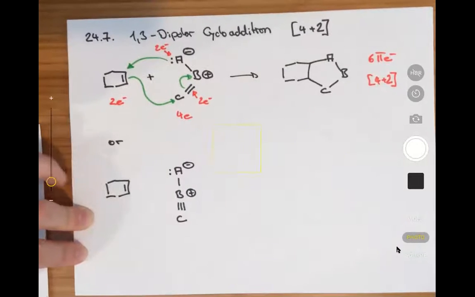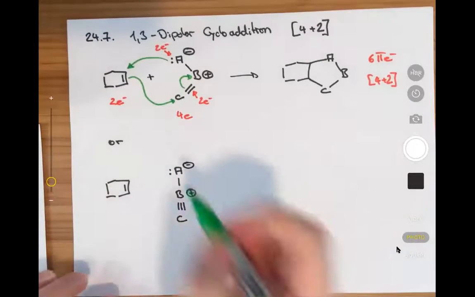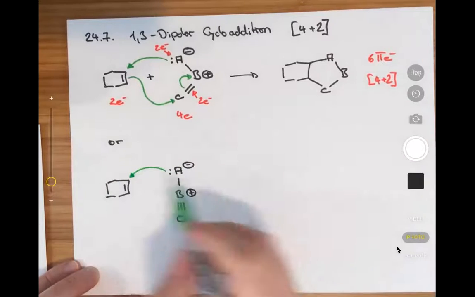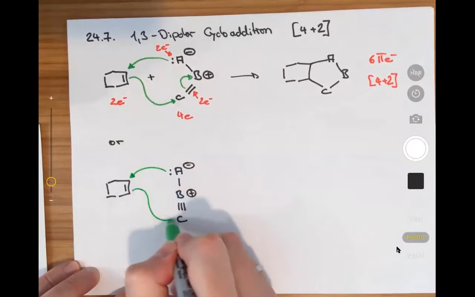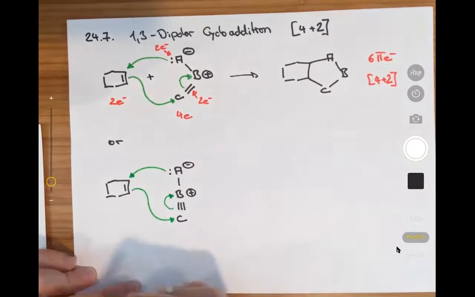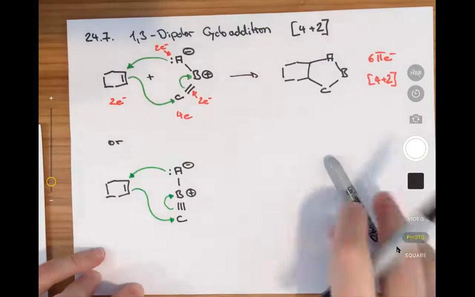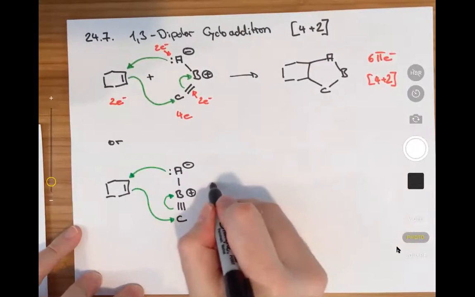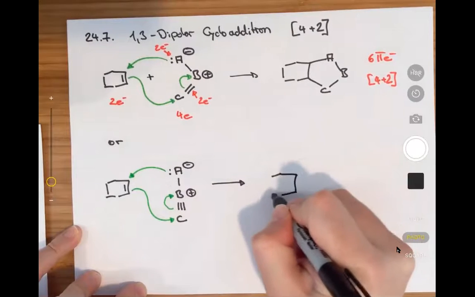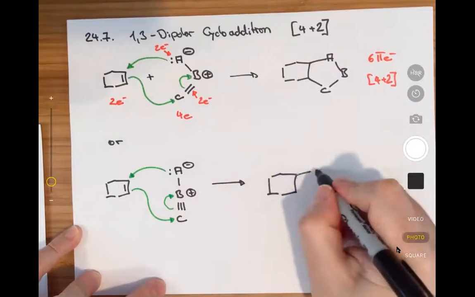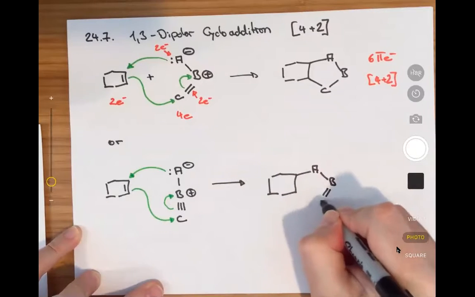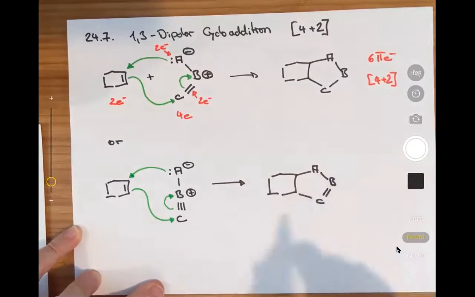And again, you can draw the arrows exactly the same way as we have done before. So you can take the electrons out of this, move them over here, take the electrons from here, move them over here, and move these electrons in here. And again, you get structurally a similar molecule out of this, just that this time you have one additional double bond in the system. So we have A, then we have B, and then we have a double bond to the atom C over here.